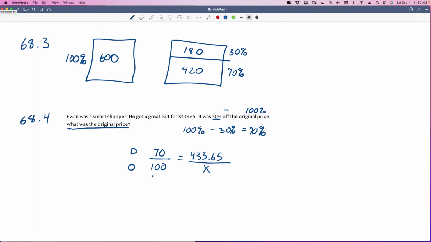Right? You see that? So now we just cross multiply like we normally do. So 70x is equal to, and because this is 100 times this number here, we just move the decimal back, 43,365. Now we divide both sides by 70, because 70 over 70 is 1x, right? But whatever you do to one side, you have to do to the other side.